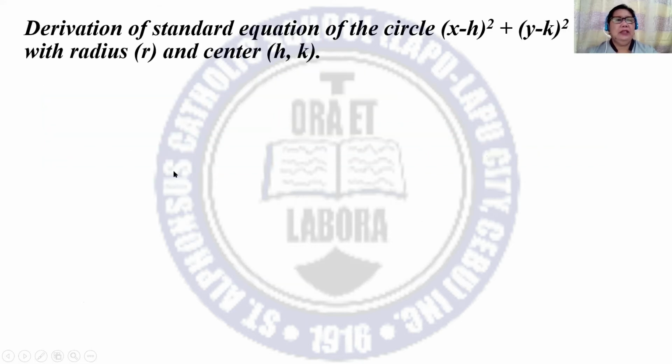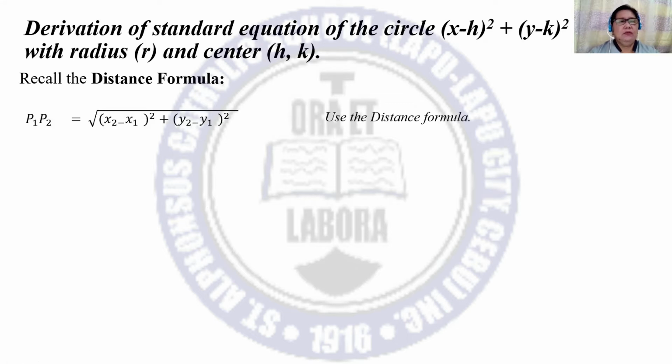Next, let us have the derivation of the standard equation of the circle, which is the square of x minus h plus the square of y minus k is equal to r squared, with radius r and the center h, k. Recall the distance formula. The distance formula is P sub 1 P sub 2 is equal to the square root of the square of x sub 2 minus x sub 1 plus the square of y sub 2 minus y sub 1.